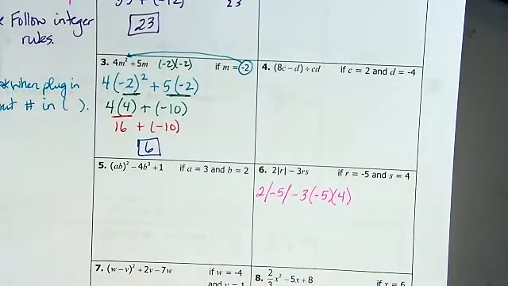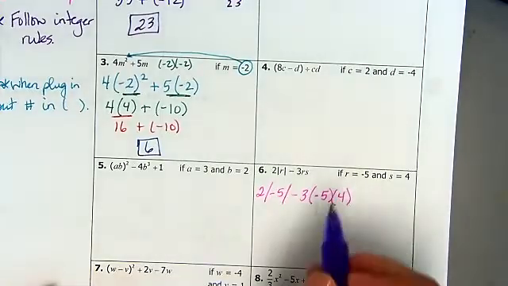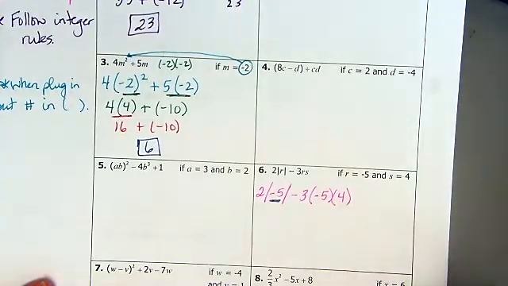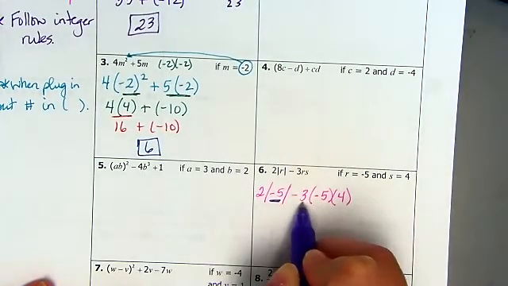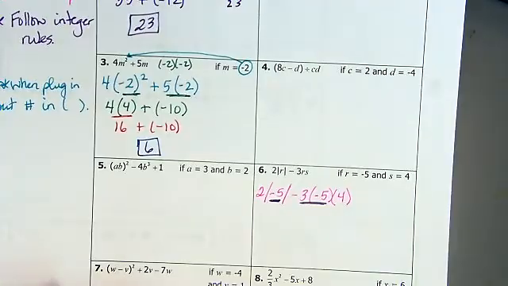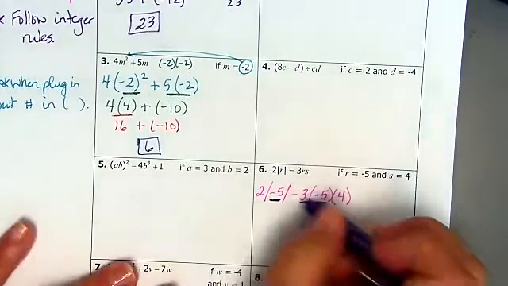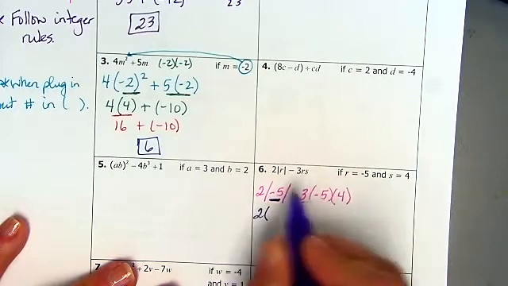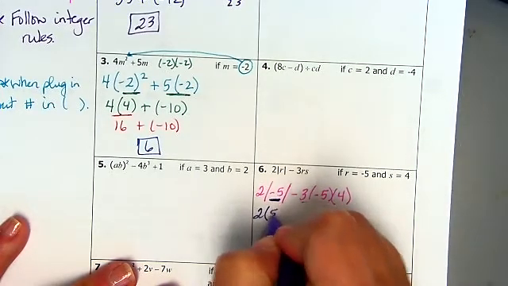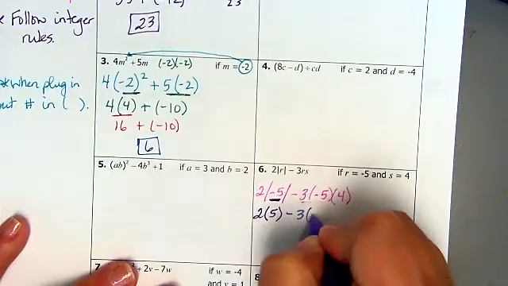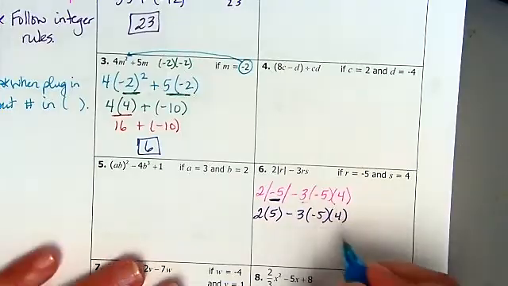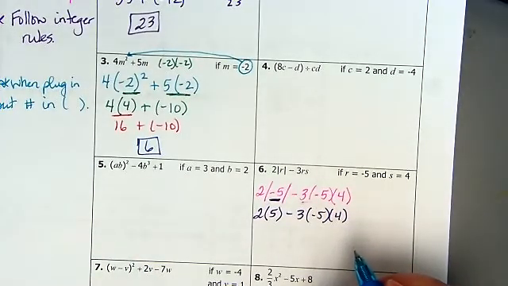And now we follow order of operations. So my first step here is I'm going to do the absolute value of -5, and I could also do this multiplication. You don't have to, but you can. Maybe it'd be best for this one if I wait. So I'm going to just do this absolute value. So now I have 2 times the absolute value of -5, which is 5, and then I bring everything else down. All right, so now I'm doing order of operations.